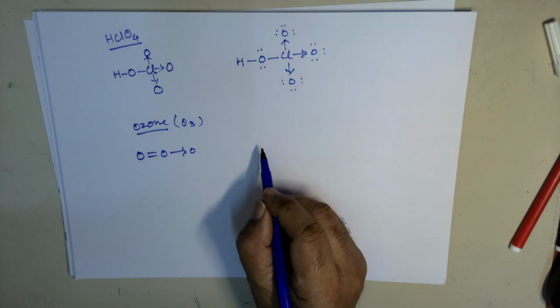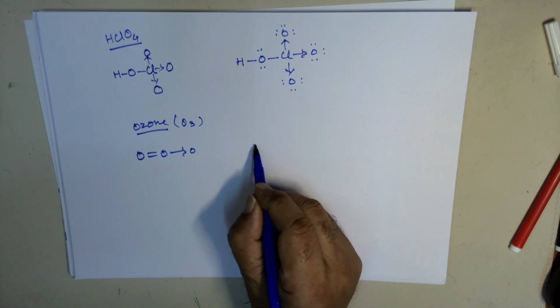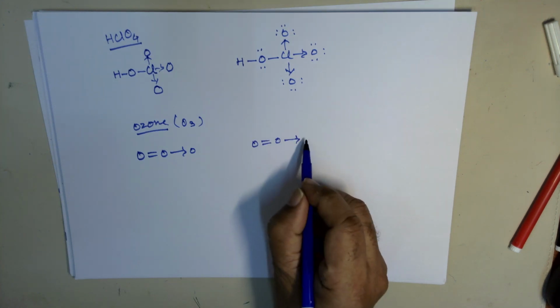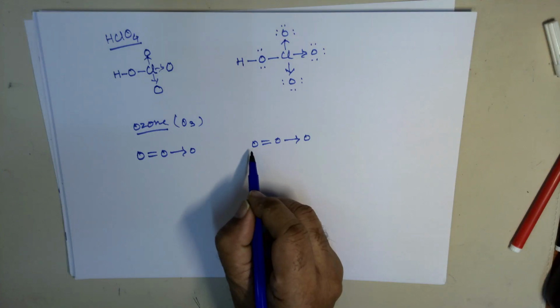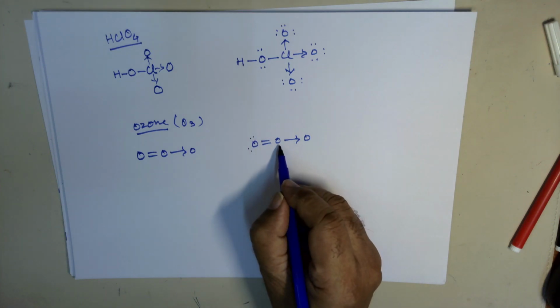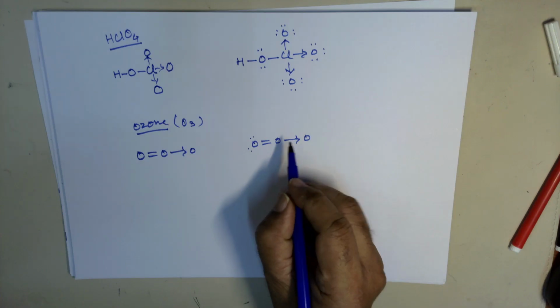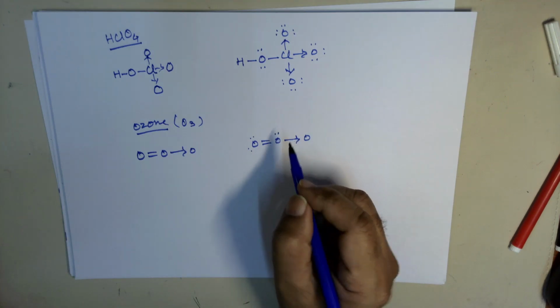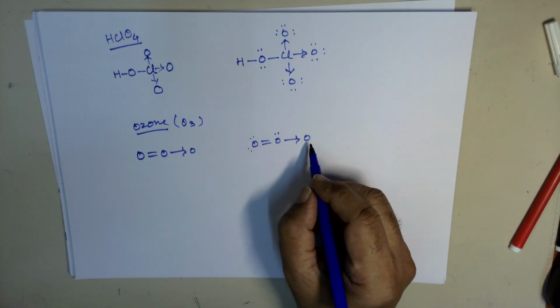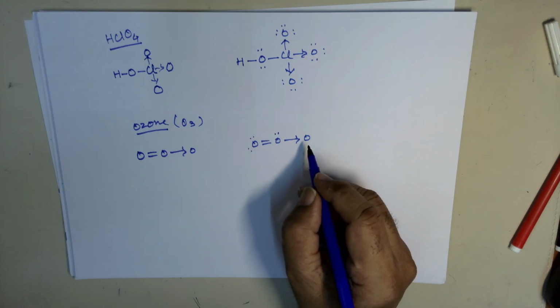Now tell me. O with how many electron dots? Left O, how many electrons? Two. Central one? No, one pair. How two? Here, oxygen. Very good.